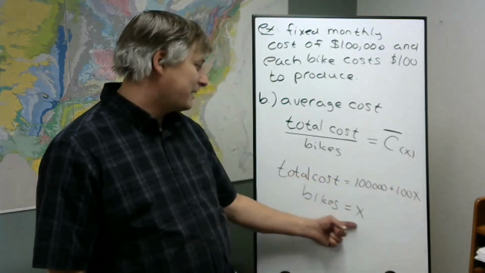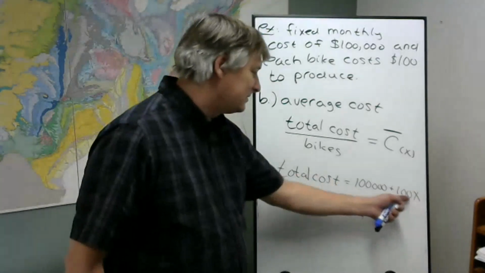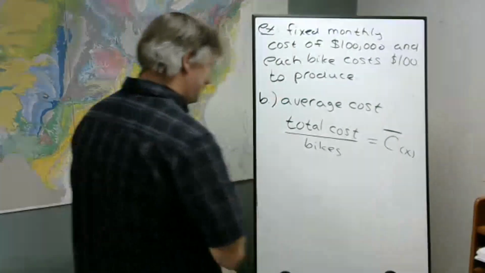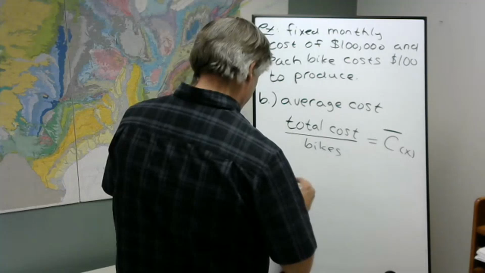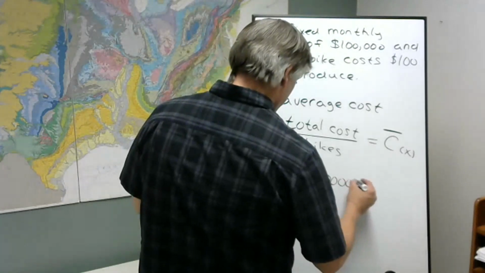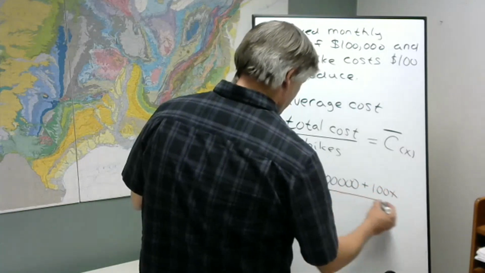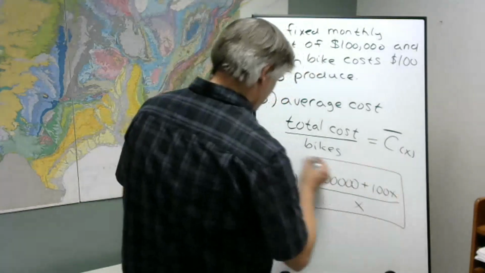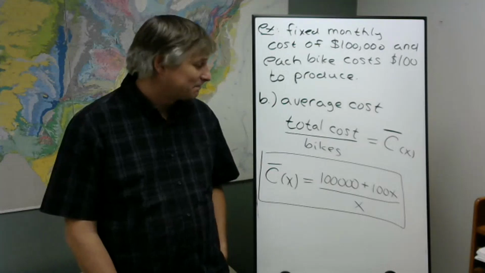So the number of bikes is x. So we'll take this divided by that, and that's going to be our answer.